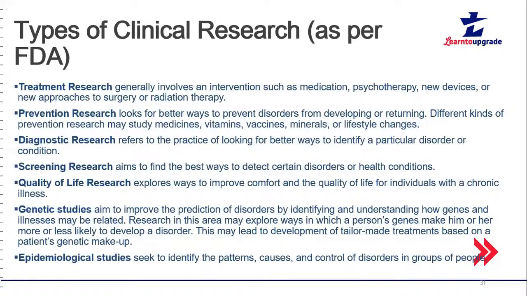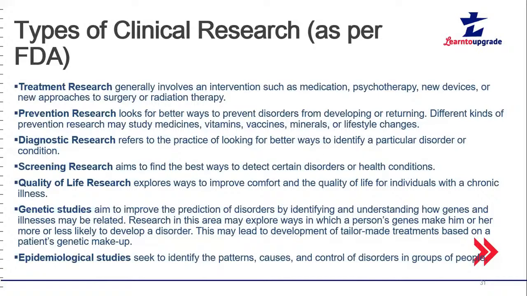Epidemiological studies are basically to identify the patterns, causes, and controls of disorders in a group of people. It is like a case study for a certain group of people. In this particular region, this many people are residing, and they have a pattern of drinking this water or that water, or taking this medication, or so many things where they want to identify a pattern in a particular group of people, on the basis of which they take a particular decision.